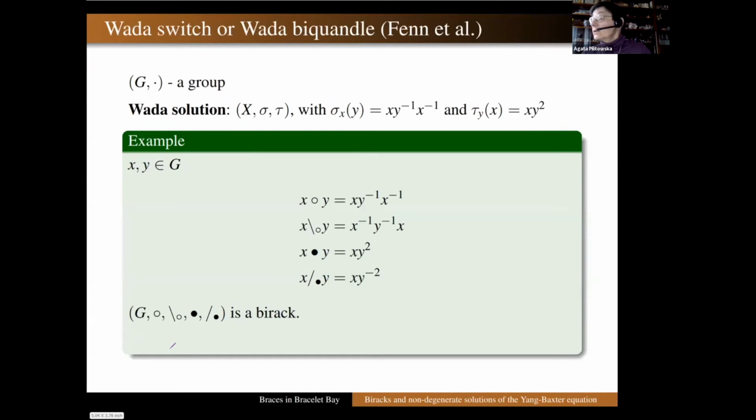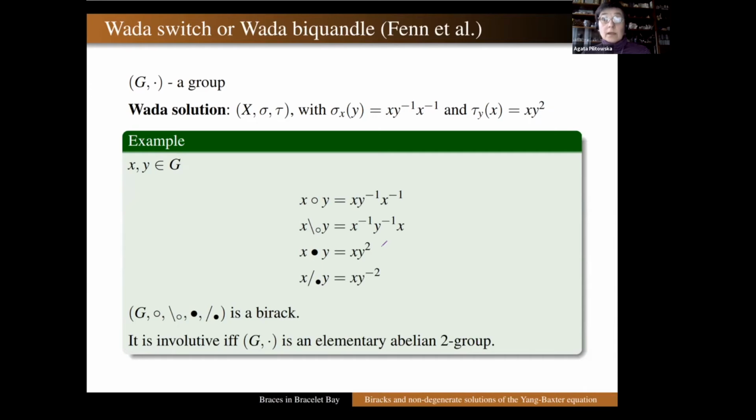The second example is given by the Vada solution, which is built on any group, and when we take as a left multiplication the result of the first component of the operation R, and as a right multiplication the second component of the mapping R, we obtain a Birack, which is involutive if and only if the group G is an elementary abelian 2-group.